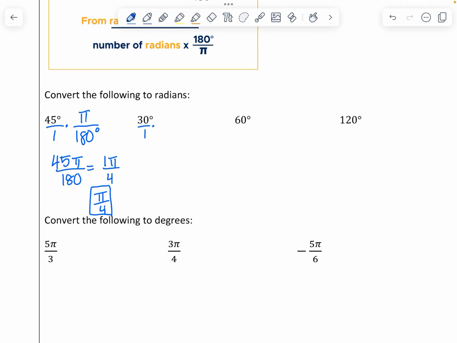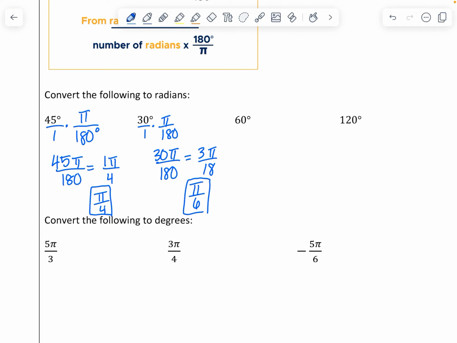Convert 30 to radians: times by pi over 180. That'd be 30 pi over 180, which is 3 pi over 18 if we divide by 10, and then both of those are divisible by 3, so pi over 6. So reducing the whole number as we would reduce fractions.